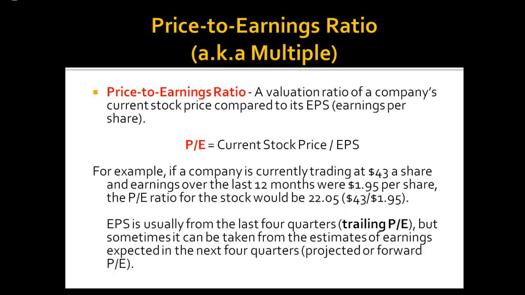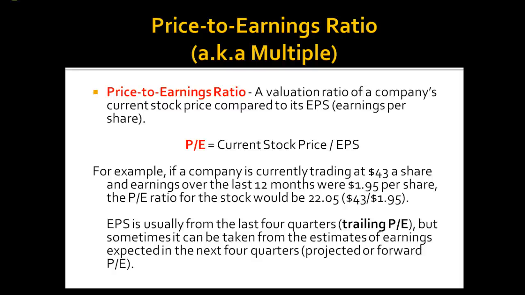So there's an example. If a company is currently trading at $43 a share and earnings over the last 12 months were $1.95 per share, the PE ratio for the stock would be 22.05, which is 43 divided by $1.95. So EPS is usually from the last 4 quarters.